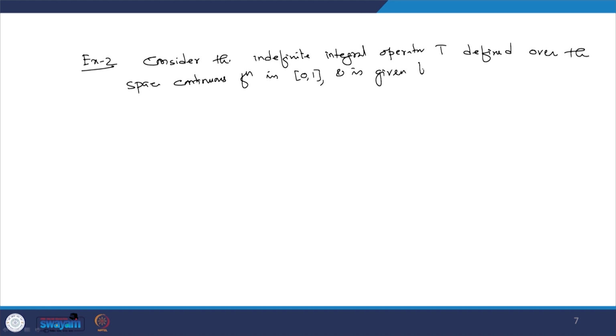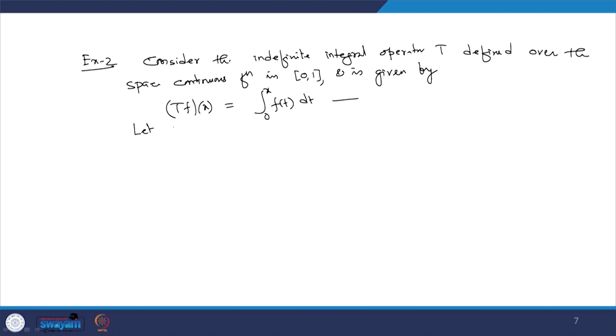Suppose it is given by T f of x equal to the integral from 0 to x of f of t dt. So this is my integral operator. I am taking this one, which is the indefinite integral operator T.